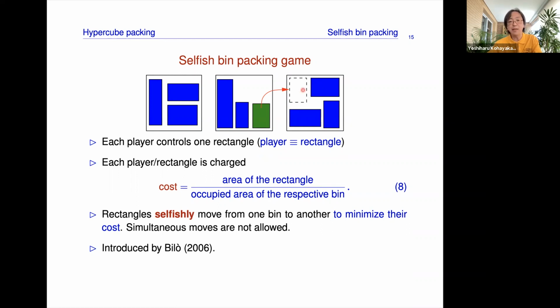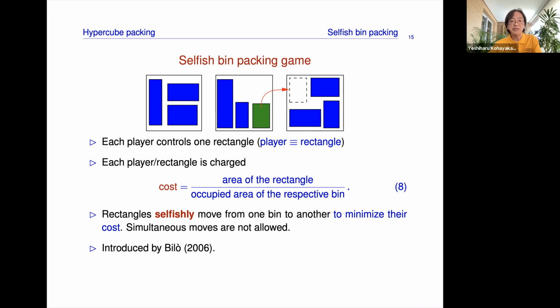So green ends up paying less. So it's a good move for green. So in this game, it is the 3rd bullet point, the rectangles selfishly move to any bin that they find is better for them. So that's the game. Is it clear? Every rectangle is looking for places to go so that they pay less. And the cost is given by this expression 8.